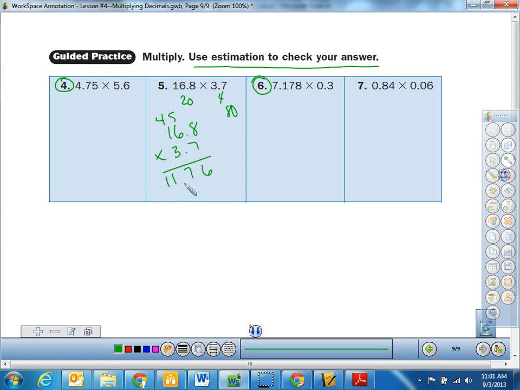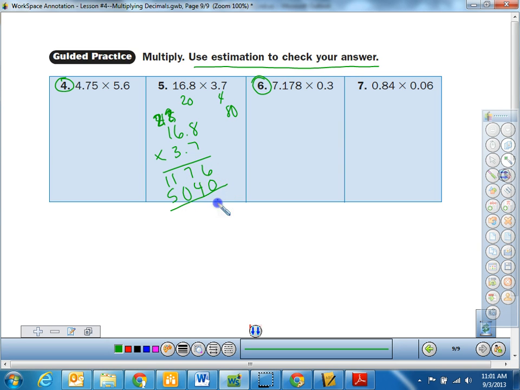So I have 1,176 when I took 7 times this. Now I'm going to take the 3 times it. Remember, it's 30, so I have to add my 0. 3 times 8 is 24, so I put the 4 down and the 2 up. 3 times 6 is 18, plus 2 is 20, so I'm going to put my 0 down and a 2 up here. 3 times 1 is 3, plus 2 is 5.